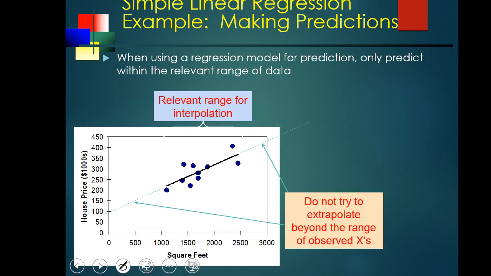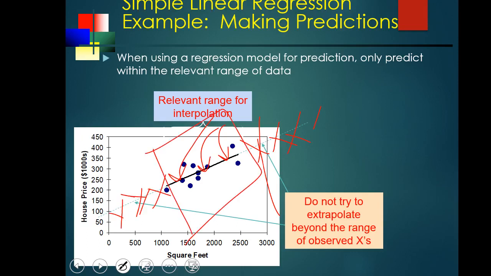Okay, one more thing, for a regression model we can interpolate data within this line, but remember that we cannot extrapolate this line. We cannot predict the values that are outside of this line.